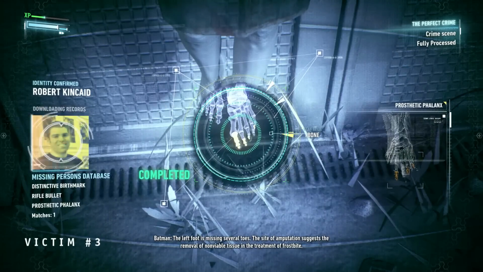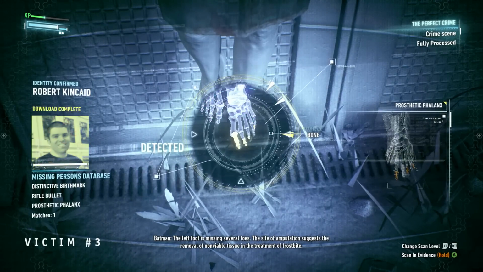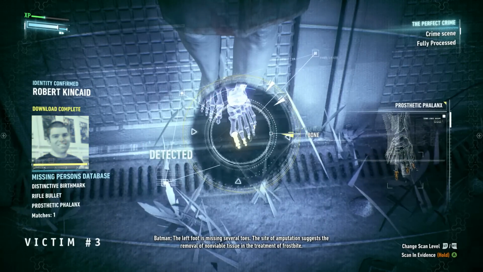The left foot is missing several toes. The site of amputation suggests the removal of non-viable tissue in the treatment of frostbite.